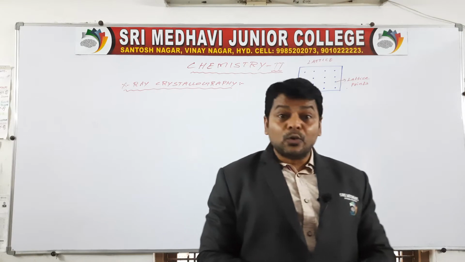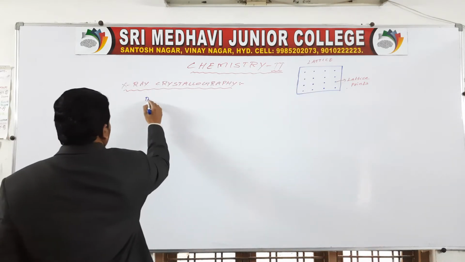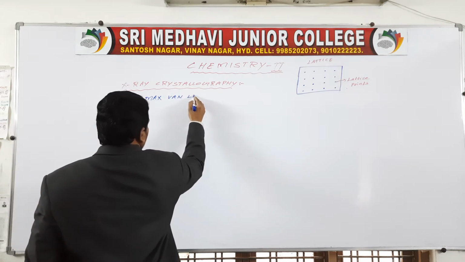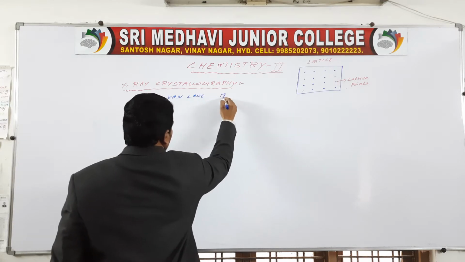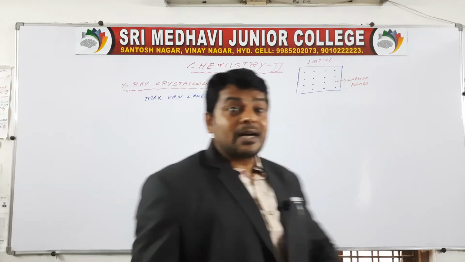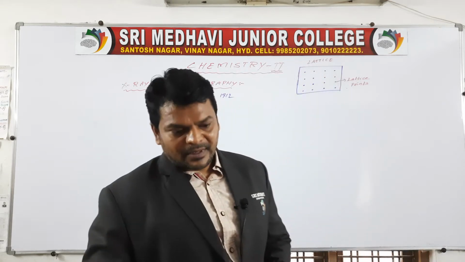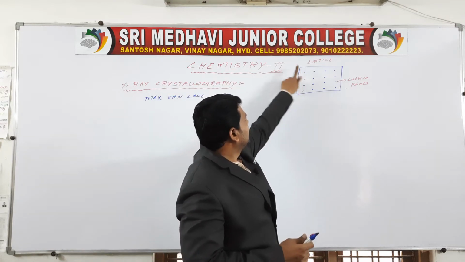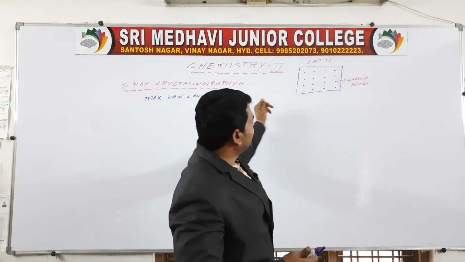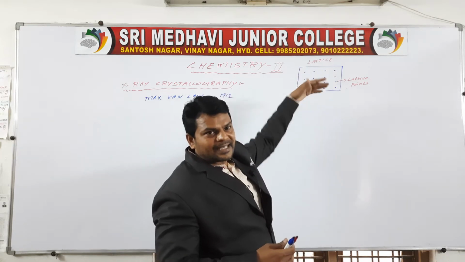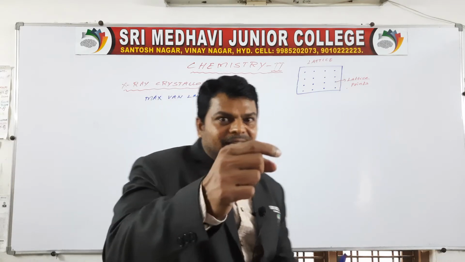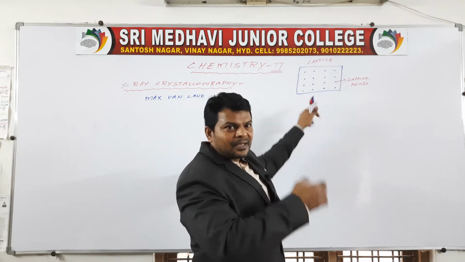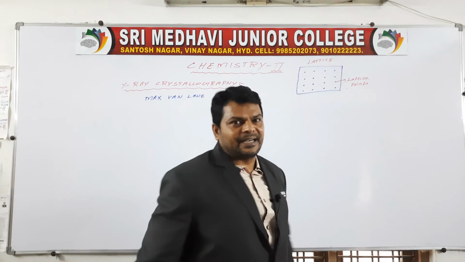According to Max von Laue, 1912, who worked on crystallography, if you pass X-rays through the crystal lattice, then the beam of light strikes the atoms, ions or molecules present in the crystal, and then they are diffracted.